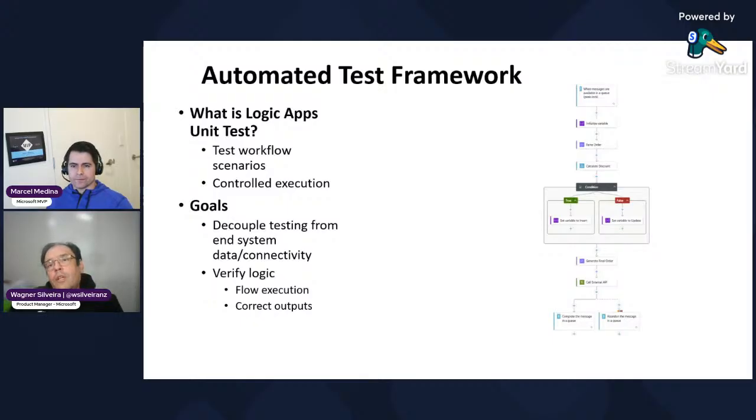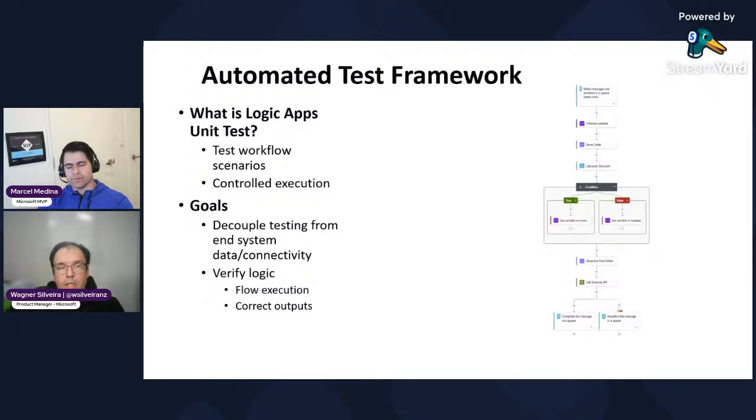So usually your workflow is a big decision tree. You want to see if the combination of decisions that you make through that workflow goes to the place where you expected, and if it gives you the results that you expected. So this is what we call a workflow scenario.